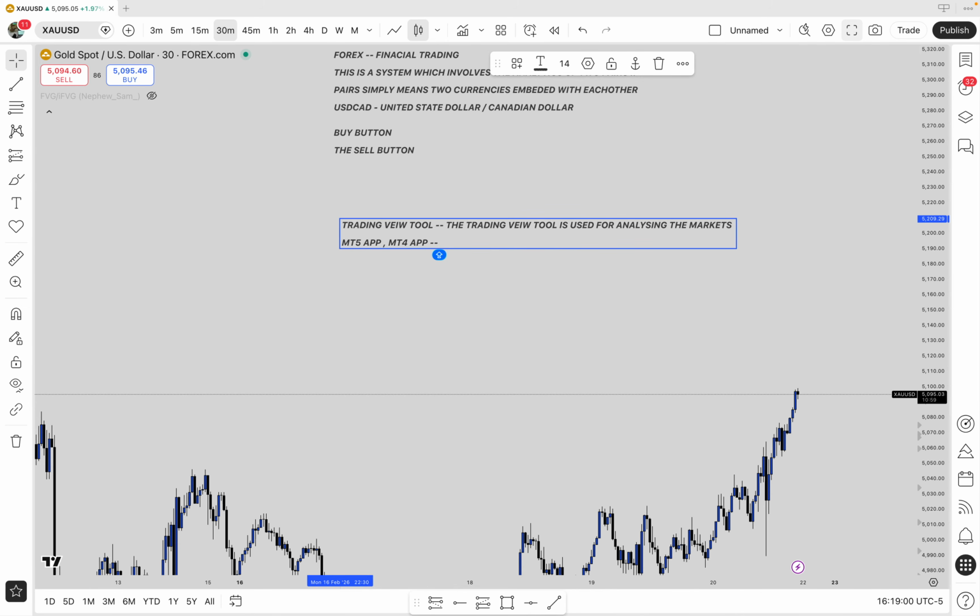The MT4 is just like those OGs app. Do you get me? So the MT5 app, what is the usefulness of the MT5? The MT5 is used to execute your trades. Meaning they are used to what? To place or take trades.